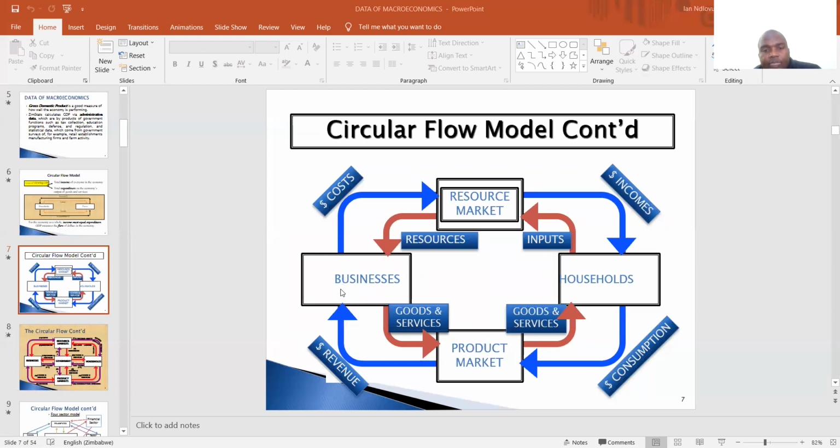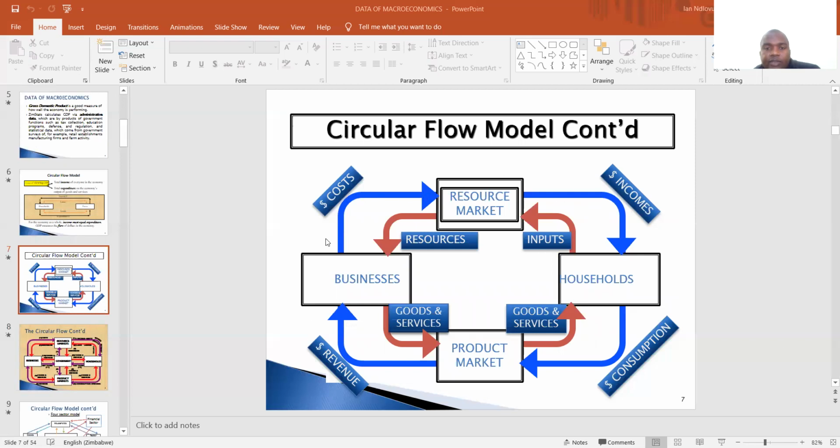And then when businesses have produced goods and services, this gives birth to product markets. We know products are demanded by households. And what we note in this diagram is that the flows of goods and services are anti-clockwise, whilst the flow of revenues or money, the money flows, are clockwise.